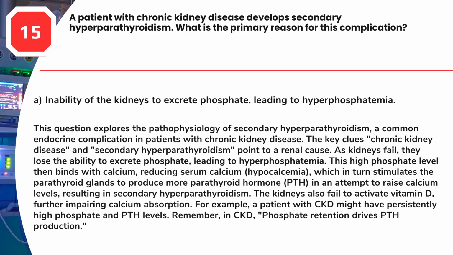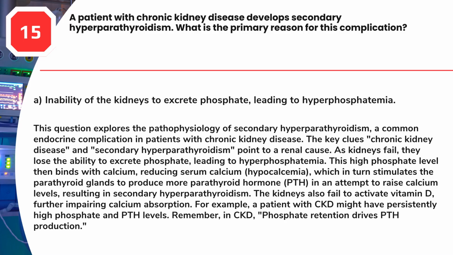This question explores the pathophysiology of secondary hyperparathyroidism, a common endocrine complication in patients with chronic kidney disease. The key clues, chronic kidney disease and secondary hyperparathyroidism, point to a renal cause. As kidneys fail, they lose the ability to excrete phosphate, leading to hyperphosphatemia.